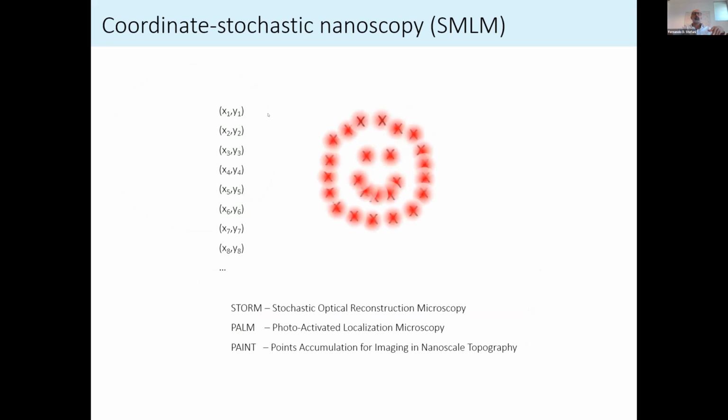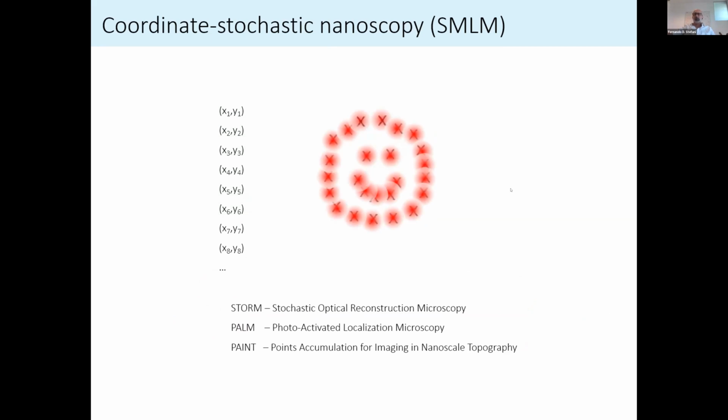If we repeat this multiple times, we will end up with a list of positions of the fluorophores in our sample. And with those positions, we can reconstruct an image that is no longer limited by diffraction. The level of detail is only limited by the error with which these positions were determined. Under this mechanism, there are a number of different techniques. The most popular ones are STORM, PALM, and PAINT, but there are many more.